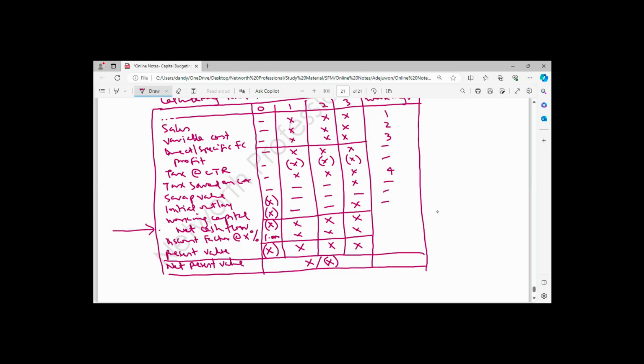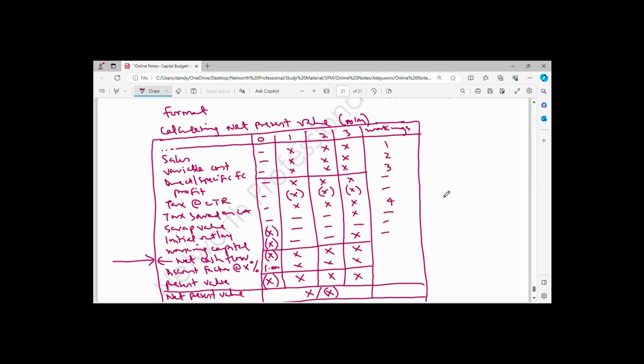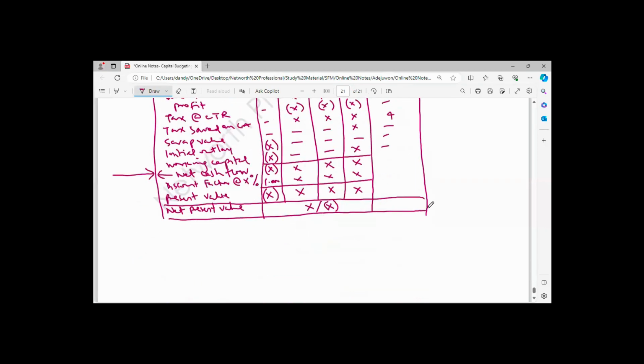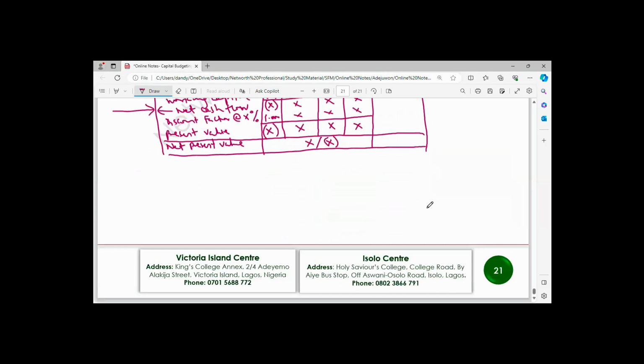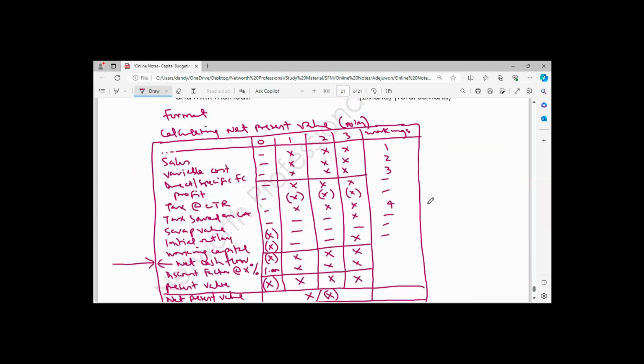So watch out for that. This format is only suitable when you have multiple variables. So these are the explanations that you need to get familiar with under capital budgeting.